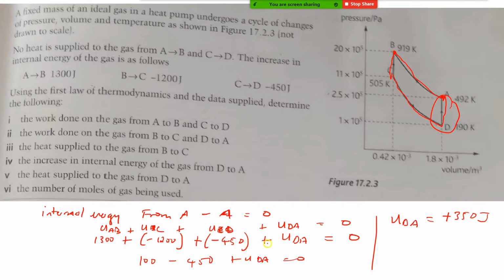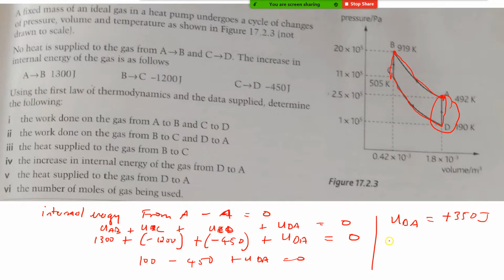That is something you must remember: once the system is connected, a cycle going back and forth, the overall change in the internal energy must be equal to 0. So if I know the internal energy at D to A, I can find the heat supplied to the gas from D to A. Remember, at D to A the work is equal to 0.